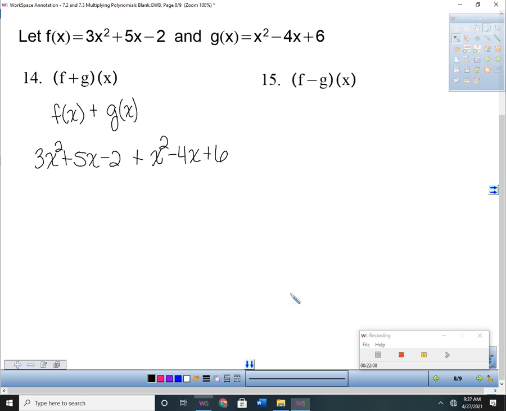Now, all I'm doing is exactly what I did when we learned to add them together. I've got a degree of 2, 1, 0, 2, 1, 0. So I'm going to combine anything that's a like term. So I have 3x squared and a 1x squared, which makes 4x squared. My degrees of 1, 5x, and negative 4x, which make a 1x, but we're not going to write the 1. And a negative 2 and a positive 6, which make 4.